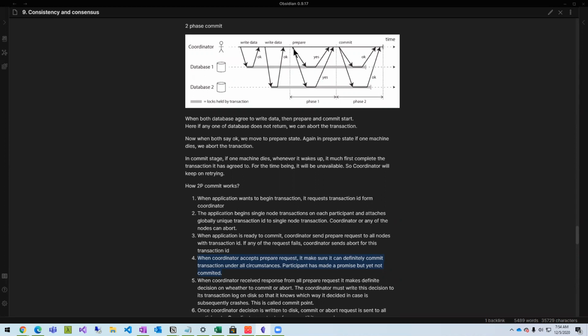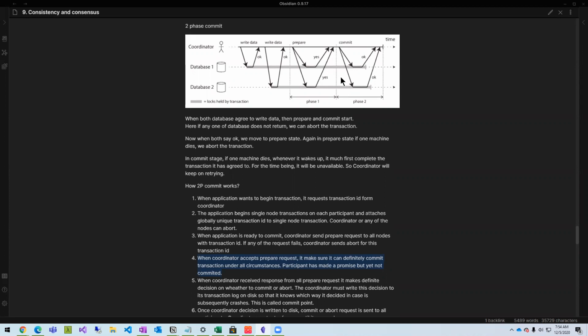Before replying yes, if they have not heard back from the coordinator, they can freely abort this transaction, right? But after this step, they have to definitely talk to the coordinator and wait for its response, and they cannot abort after this point, right?